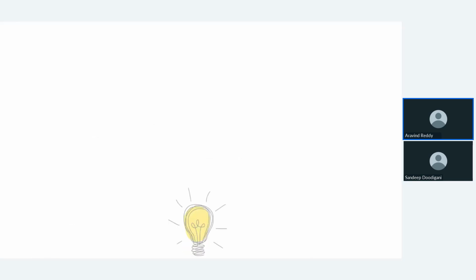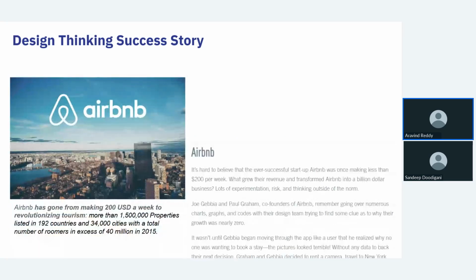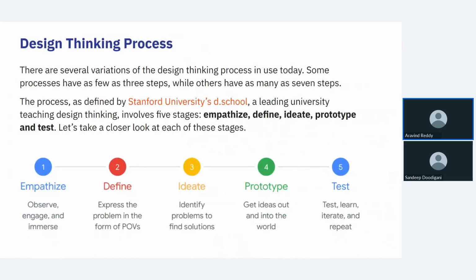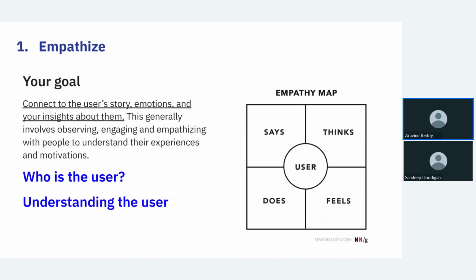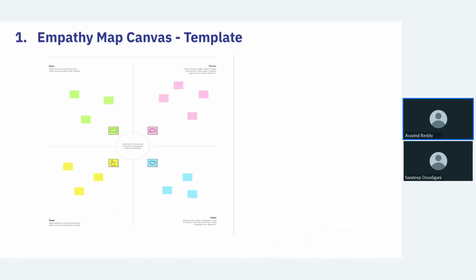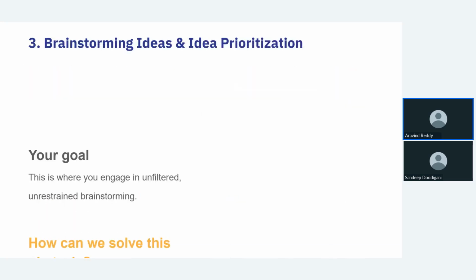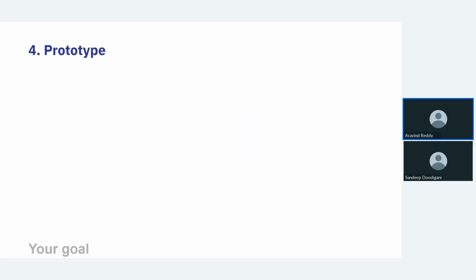We had already discussed the complete phase one: what empathy is, how the empathy map will affect our project, how we need to plan, and the examples. Today I'll cover the remaining part, from phase two.